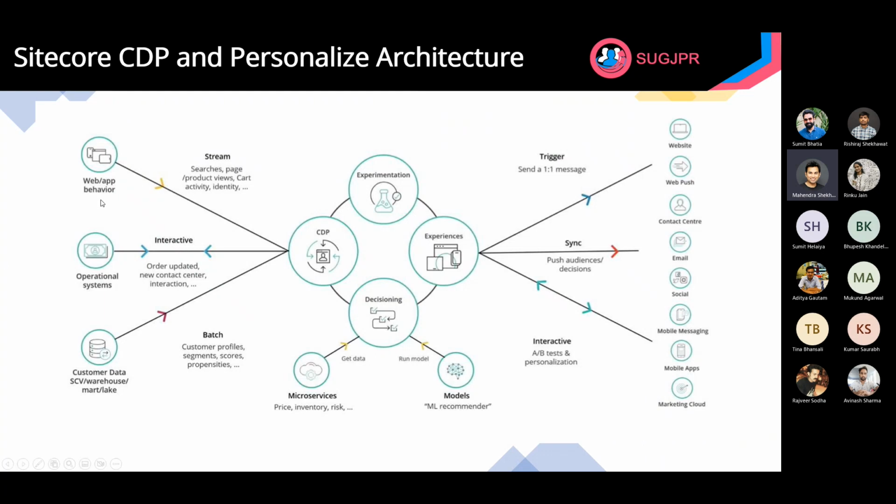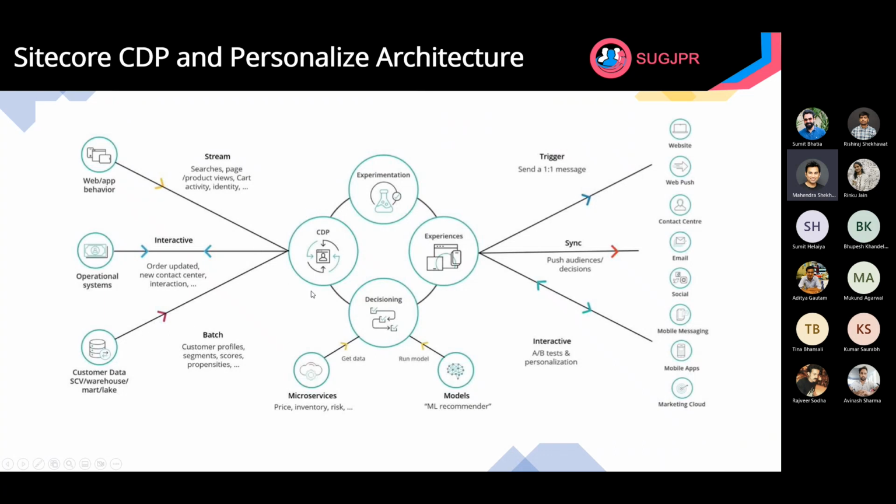For example, your operational system, it could be your inventory or anything that has interactive information where you can update something and you can grab something from that particular operational system. Then batch data is your customer data, which lives in any warehouse, any database, which you want to push into the CDP.